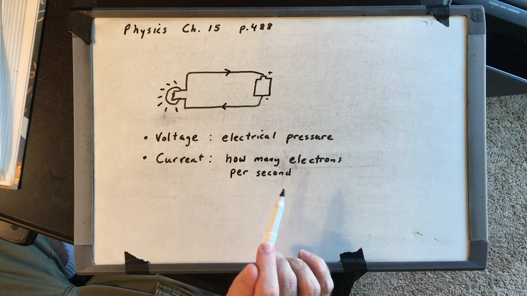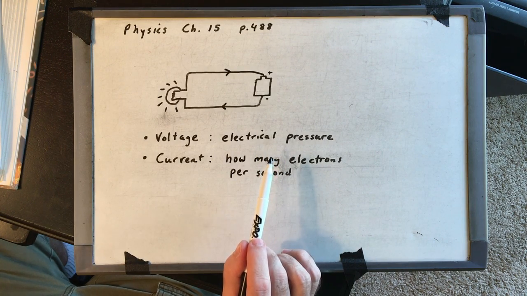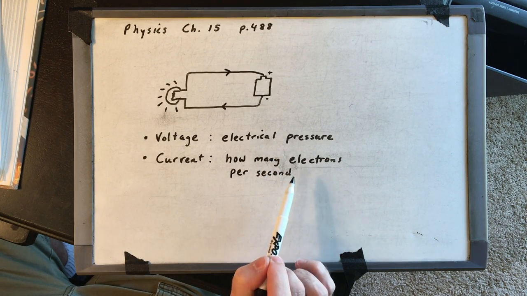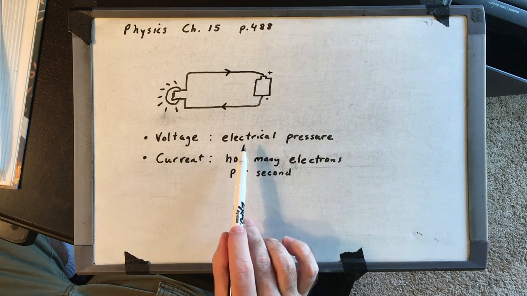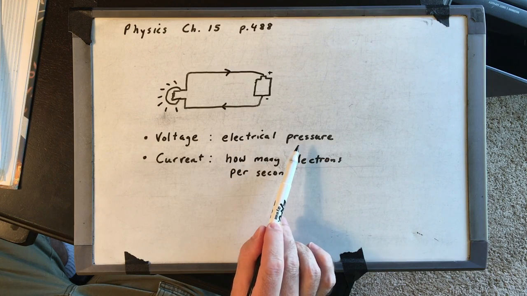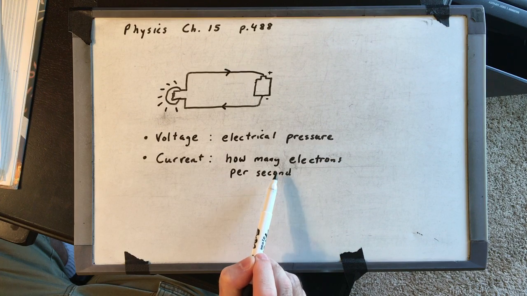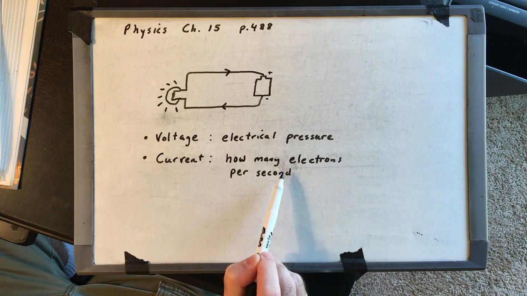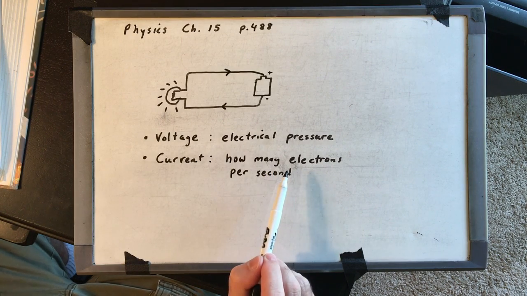Think of a circuit. In a circuit, the current is like water in a hose, and voltage is the water pressure. Both of those things influence how much work can be done. All right. The more water you have, so that'd be kind of like current, if you're washing your car, the more dirt you could get off.